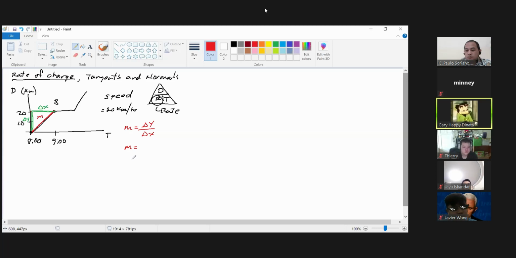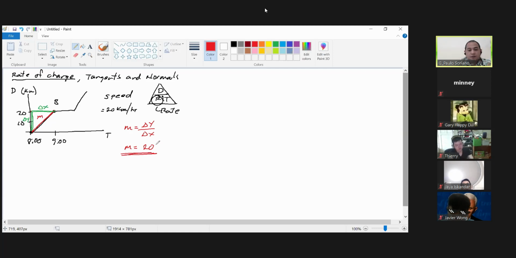Anyone? 2? Why 2? It will be 20 per 1, or simply 20, correct? Meaning your gradient corresponds in real world situations to your speed or your rate.